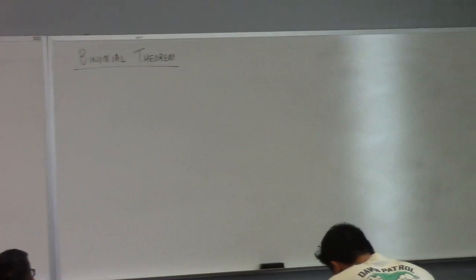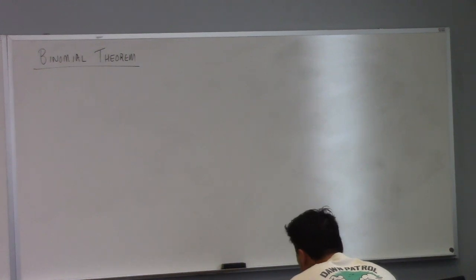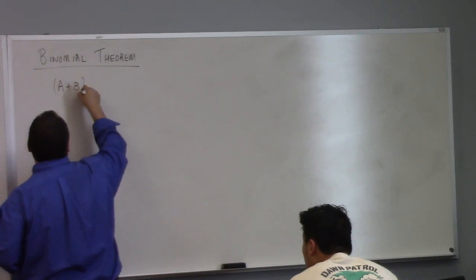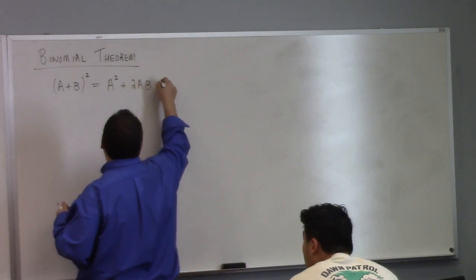Here, I'll show you guys. If we have, let's say, a plus b squared, what's that look like? This is a squared plus 2ab plus b squared.